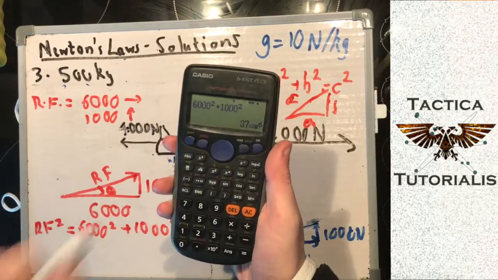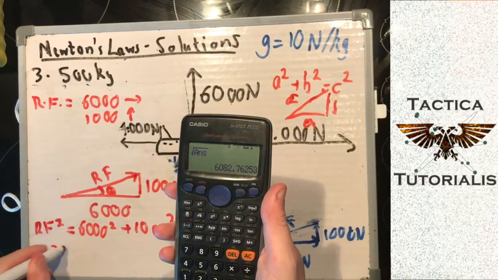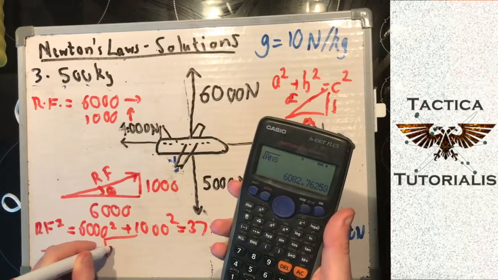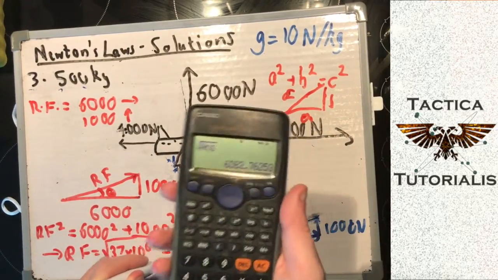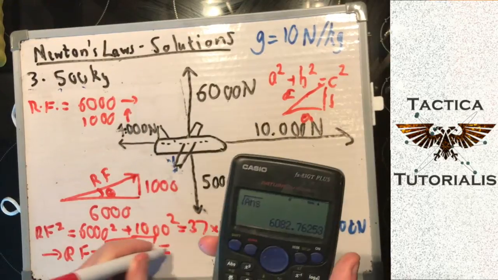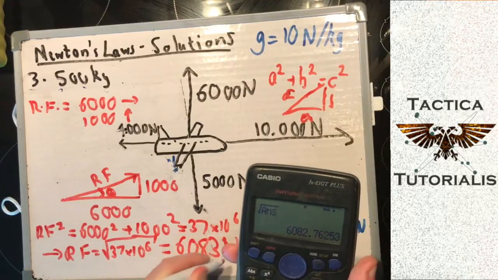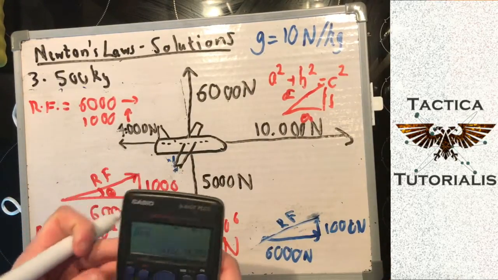But that is the square of the resultant force, so we need to square root it. RF equals the square root of 37 times 10 to the 6 equals, as you can see there, 6,083 newtons if we round it off. That is the magnitude of the resultant force.